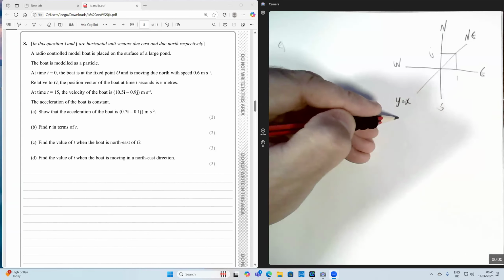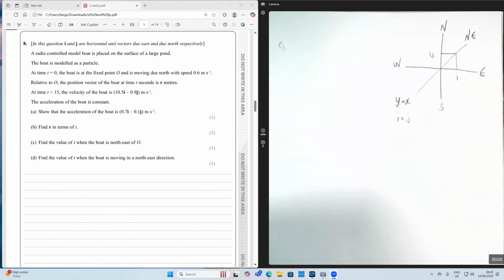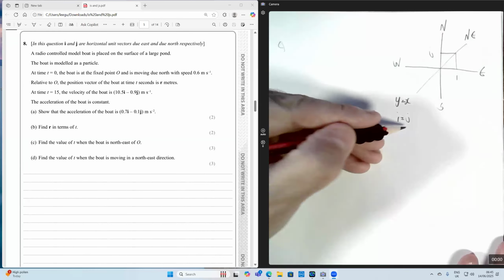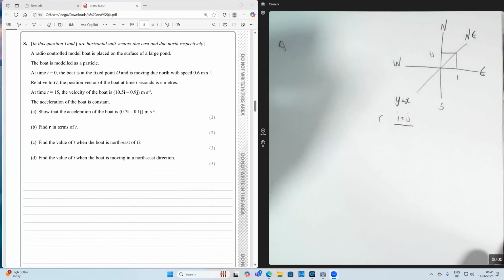And if something lies along the line y equals x, it means that you equate the i and j components. So in part C, we find the value of t when the boat is northeast. That means we need to find an equation to do with the direction components, like we just found in part B, and we're going to equate the i and j of the r.